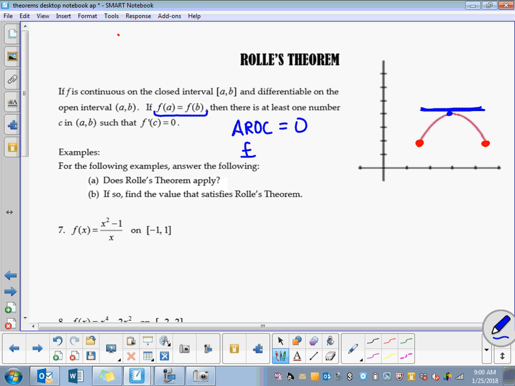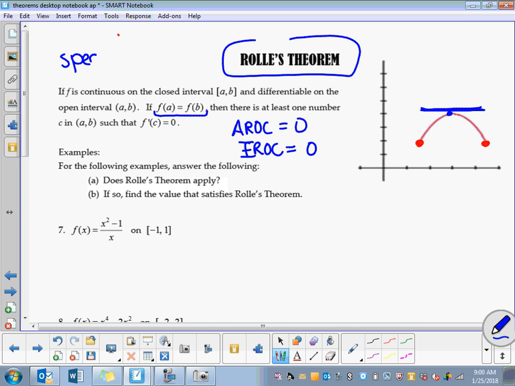So you have to show that your instantaneous rate of change, figure out where that's going to equal 0. So Rolles, I don't know if that was a person, I have to look that up. I say that every year. Rolles kind of like just took the mean value theorem and talked about one little special case of it.